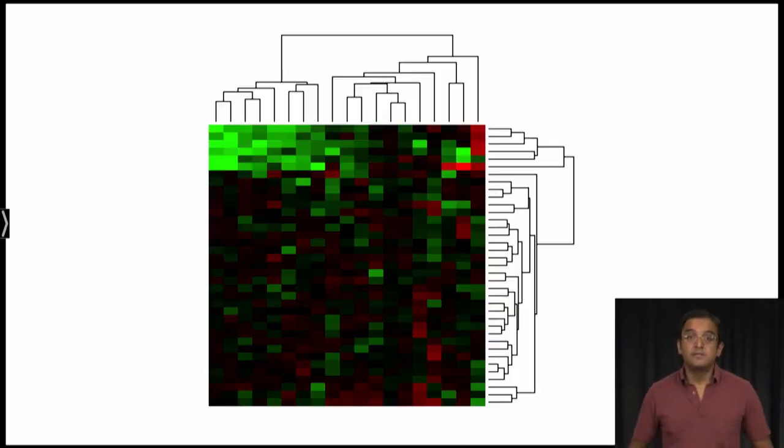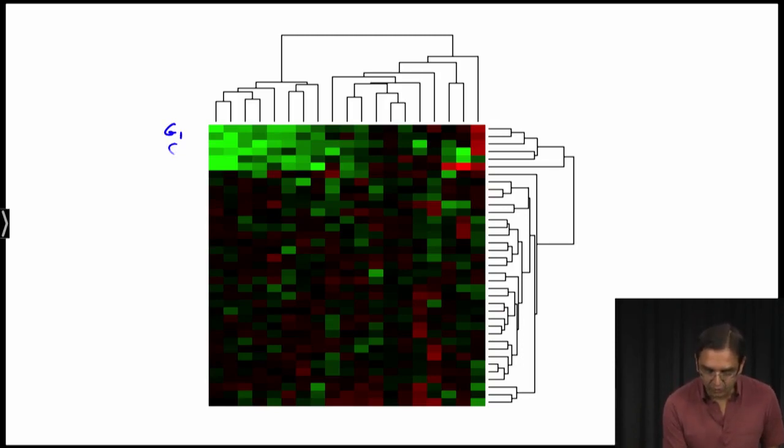Now, one domain in which hierarchical clustering has been quite popular is gene expression analysis. So what you see in this picture over here, let me describe what this is. Along the vertical direction, we have different genes. So let's just call them Gene 1, Gene 2, and so on.